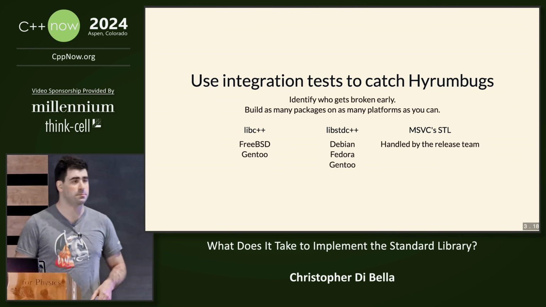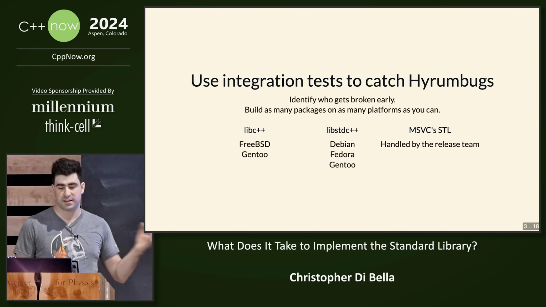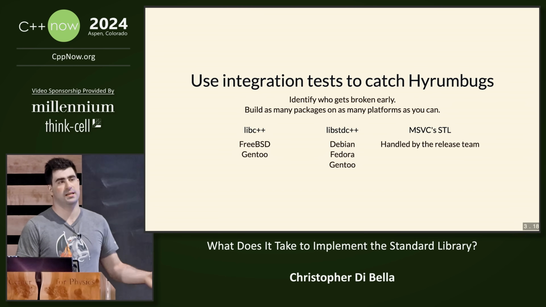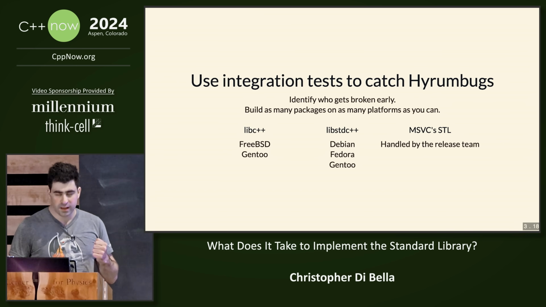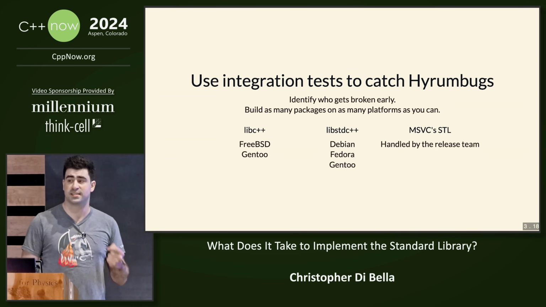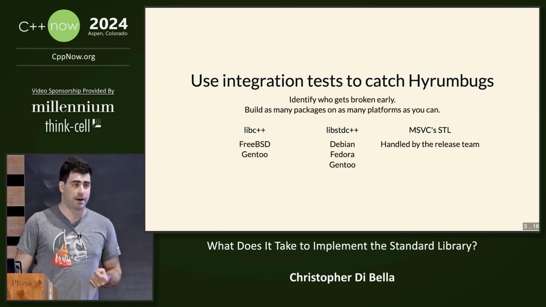And then for libstdc++, you get a whole variety of operating systems. And then when it comes to MSVC's STL, the release team will handle this for you because they have a very, very robust process for this. The downside to this kind of testing is that it's very slow. It takes a while to build an operating system and all of its packages.